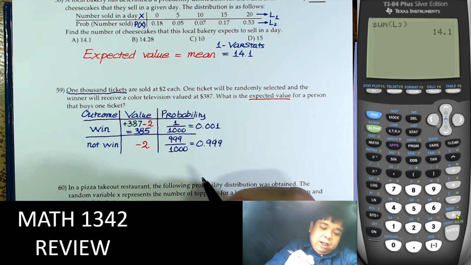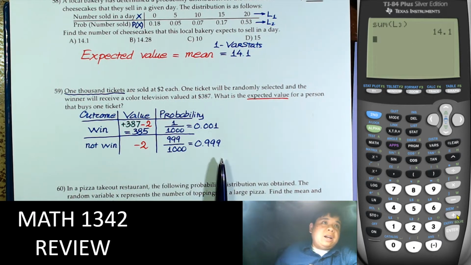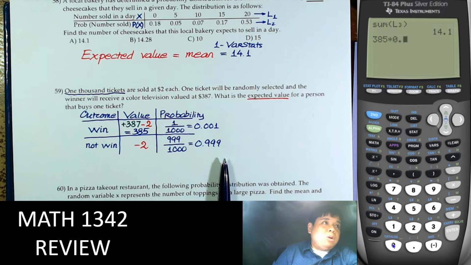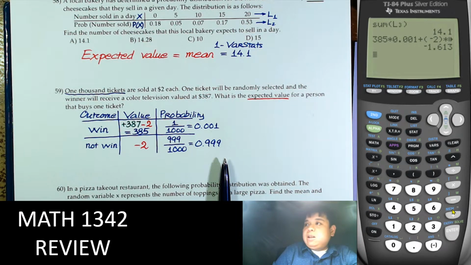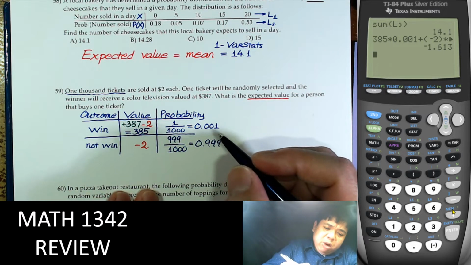Right. Now, if we want to do this by hand, just multiply straight across and add. So I just said 385 times 0.001 plus -2 times 0.999, and we have negative 1.61, and this is in terms of dollars.